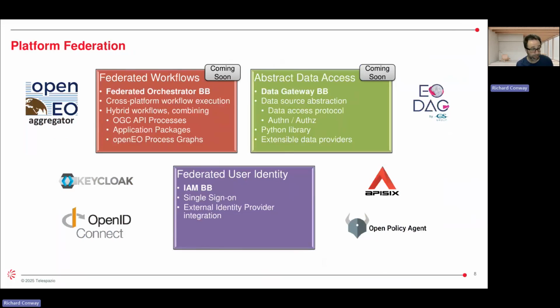The data gateway building block supports federation by providing an abstraction, a programmatic abstraction of data that's available in, again, a variety of different providers in different platforms. So if we can abstract the semantic of accessing that data, it makes it much easier for users to employ workflows that work across multiple platforms.